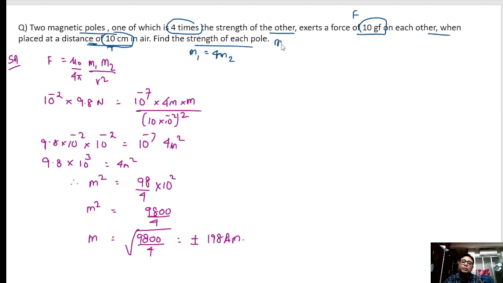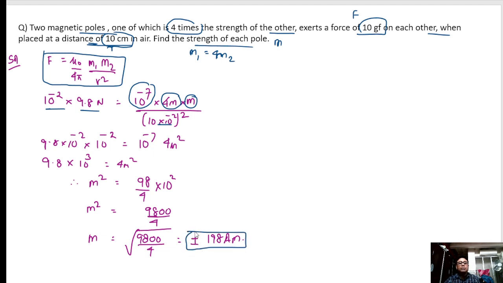That means they are asking for pole strength. So this is the force formula, and it is given as 10 to the power minus 2 gf, so into 9.8 Newton. μ0/4π is 10 to the power minus 7. One is 4 times the other, and the distance is given. So calculating, we get this as the magnetic pole strength of the magnet.